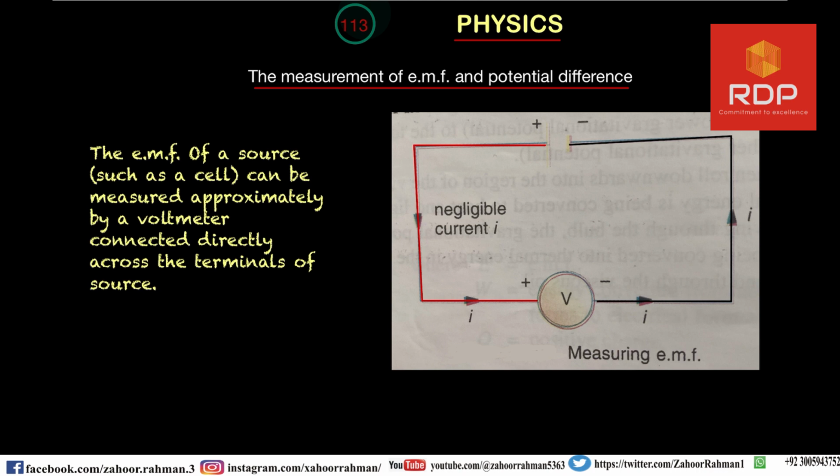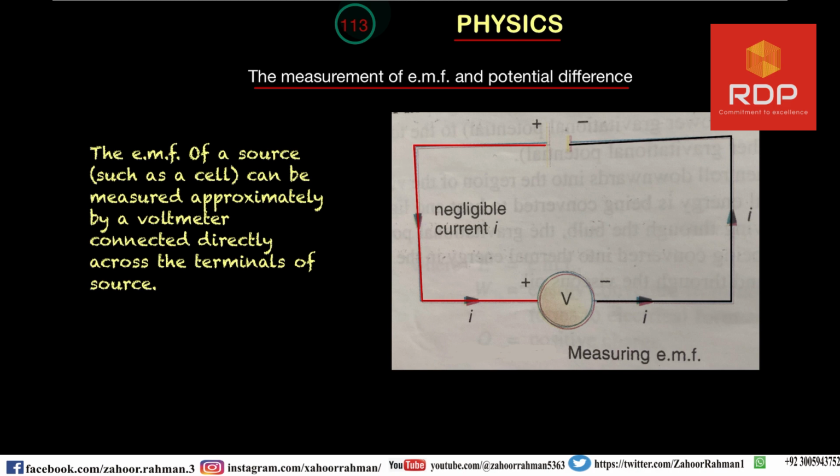Similarly, the negative terminal of the voltmeter is connected to the negative terminal of the battery. The negative terminal is always denoted by a black wire, and the positive terminal is denoted by a red wire.